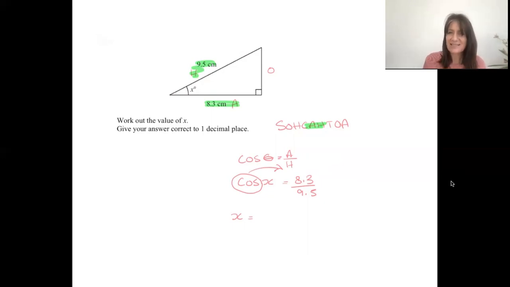So an add lands as a take and a square root lands as a square, etc., etc. So cos has got to land as its opposite. The opposite is cos minus 1, and you'll see the two are on the same button together on your calculator. So I'm going to be doing cos to the minus 1, 8.3 over 9.5.